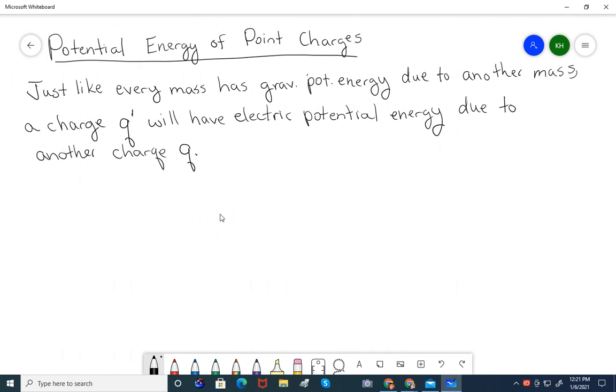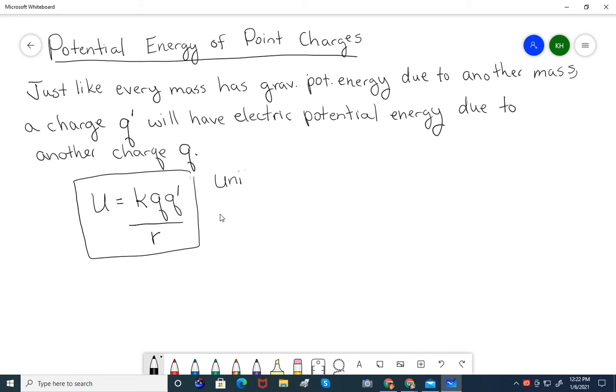So some of the formulas in this course we just kind of get as gifts. The electric potential energy U between two charges is K, Q, Q prime over R. That's electric potential energy due to point charges. What's the unit? Well, it's joules, just like any other form of energy.